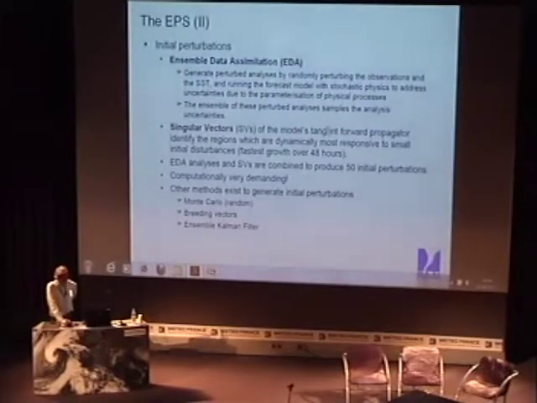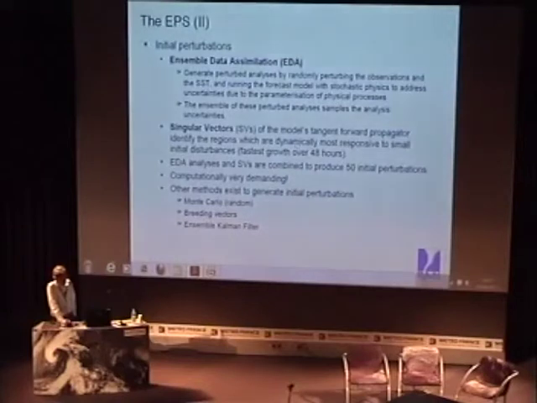This is the very start. You haven't started your forecast yet, and on top of these perturbed analyses, you add singular vectors, which are the fastest growing modes over a period of 48 hours. So you identify these fastest growing initial disturbances in the first 48 hours, and you add them to the analyses obtained through EDA.